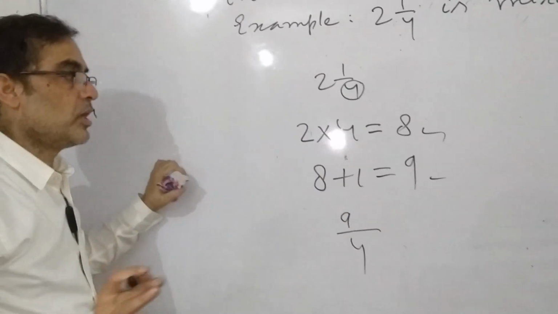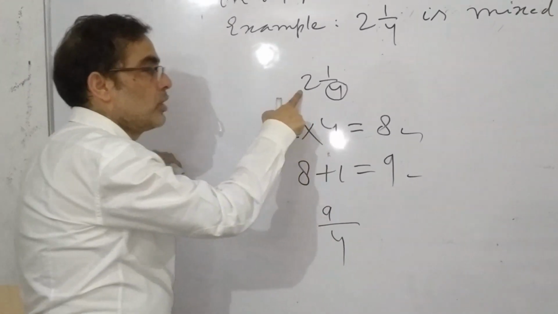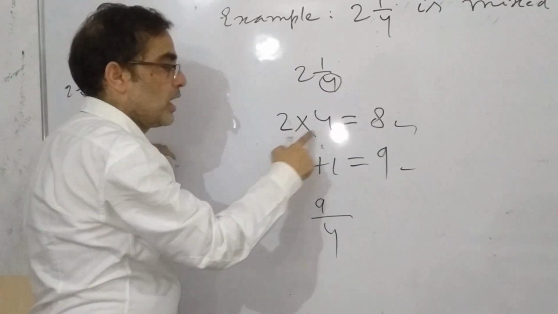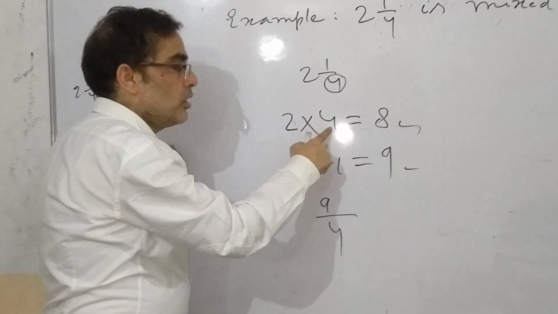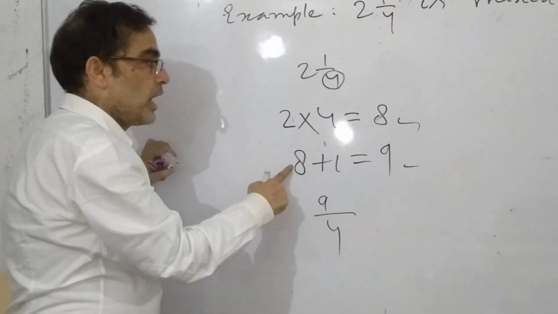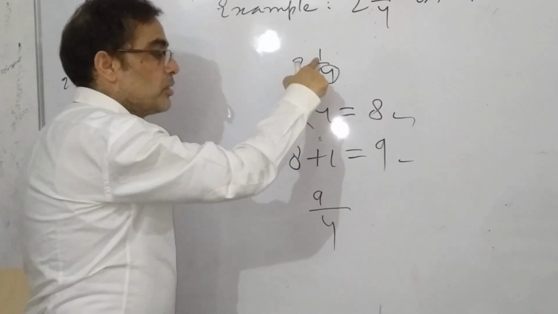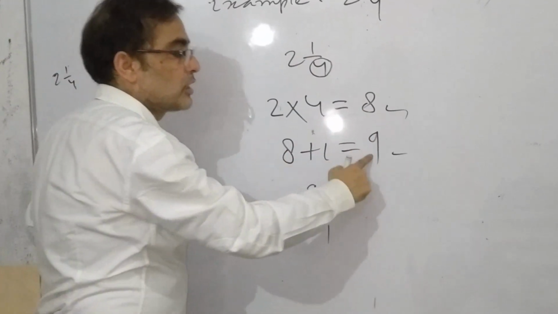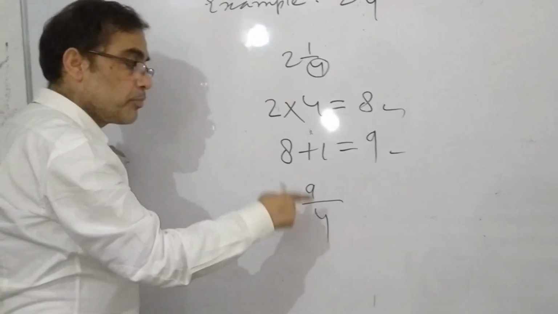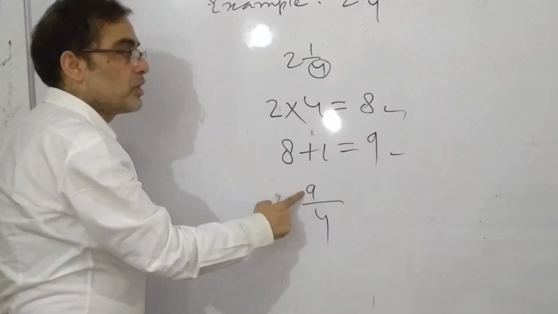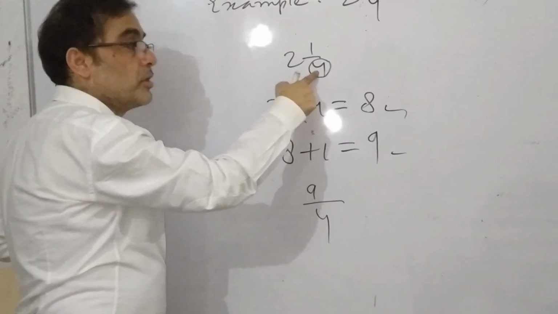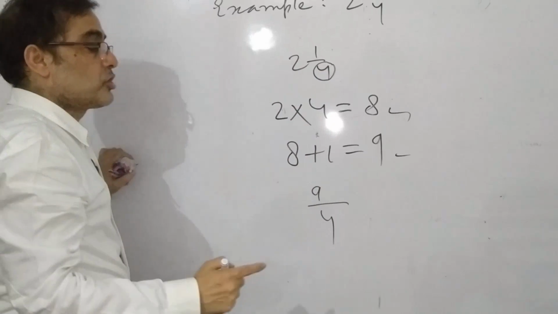Okay, again I make you understand. First of all, I multiply the whole number 2 by 4. Then the result is 8, and then I added the numerator 1 to 8. Then the result came 9, and I put 9 in place of the numerator, and the denominator was not changed.